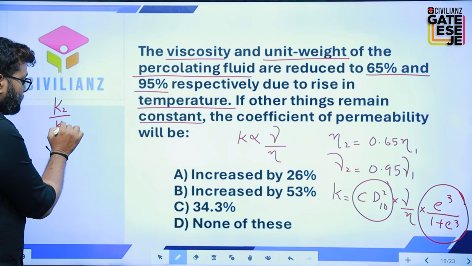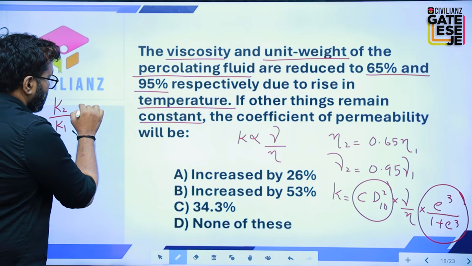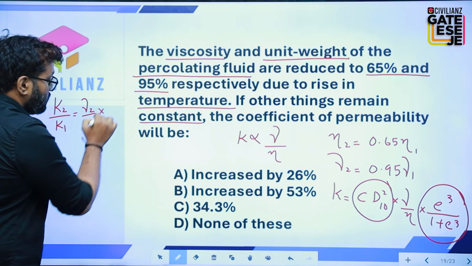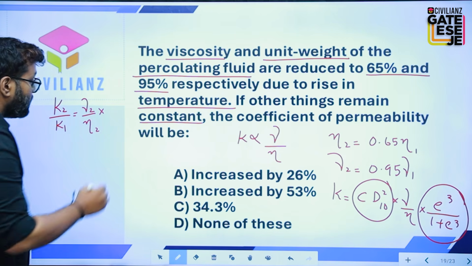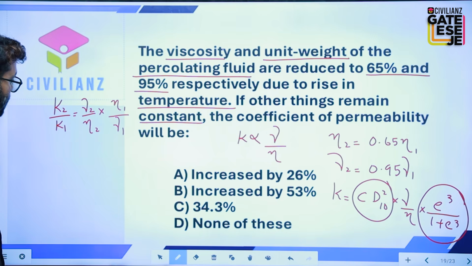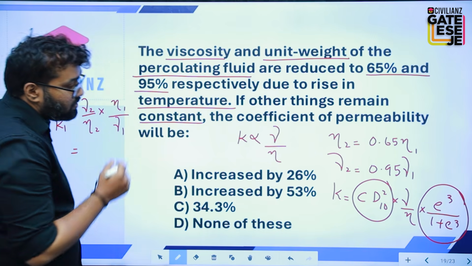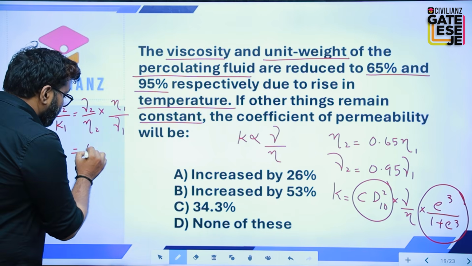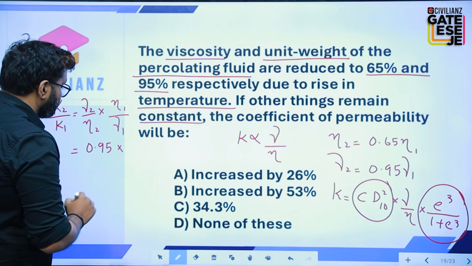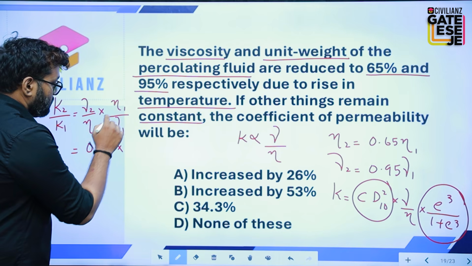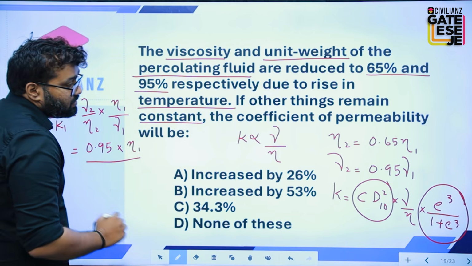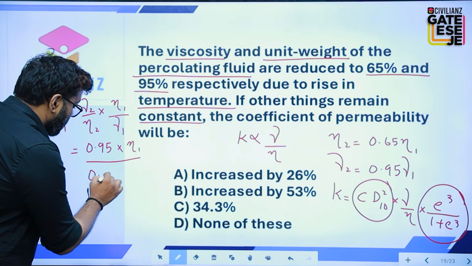So we can write K2 by K1 is equal to gamma 2 by eta 2 into eta 1 by gamma 1. We can just substitute gamma 2 is equal to 0.95 gamma 1, and eta 2 is equal to 0.65 eta 1.